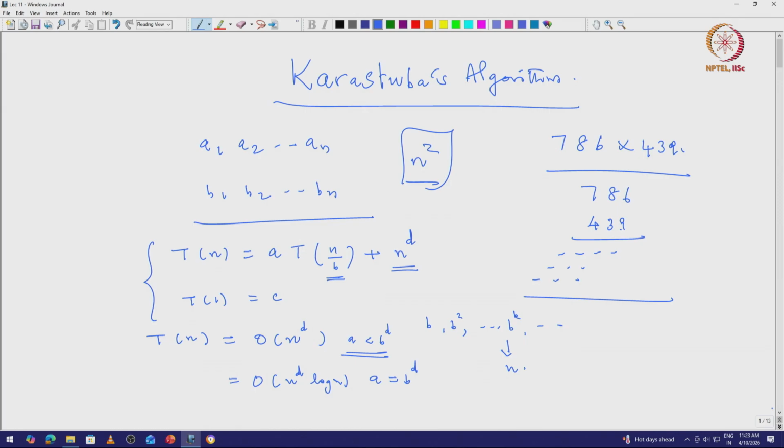The other case is order n power log A to the base b if A is greater than b power d. So let me summarize, it is getting crammed here.